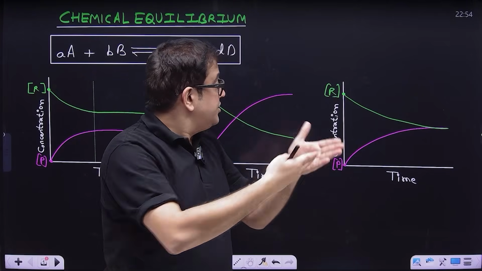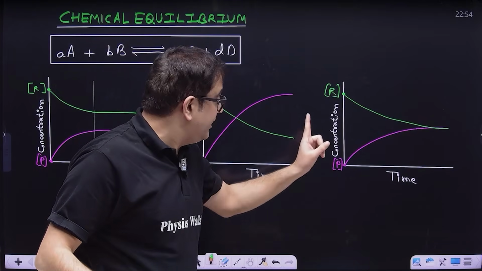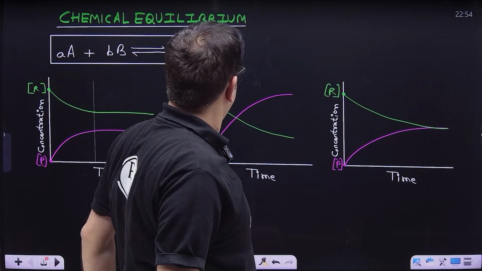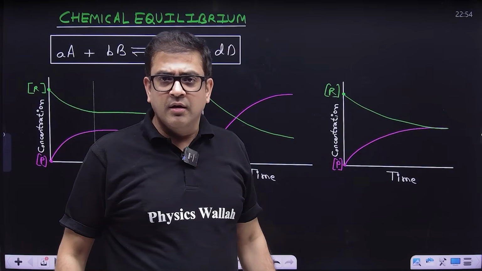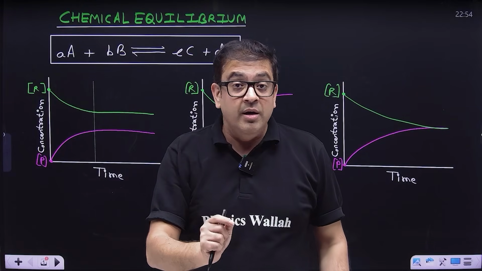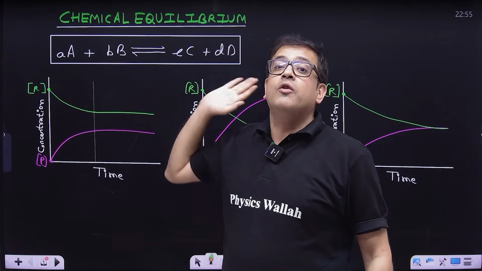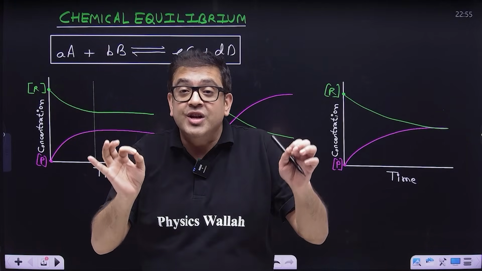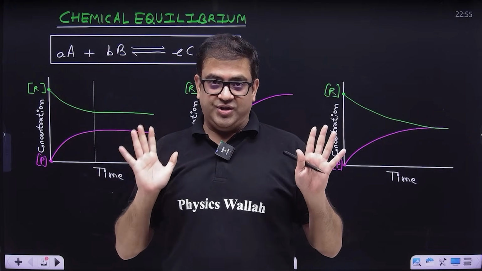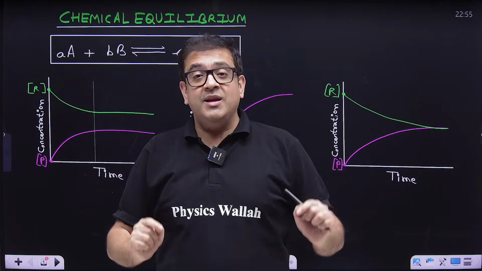So if you see an equilibrium reaction when it has reached equilibrium from outside, you will say nothing is happening, because at equilibrium, the rate of forward reaction has become equal to the rate of backward reaction, and concentration has become constant. But it is still dynamic in nature.